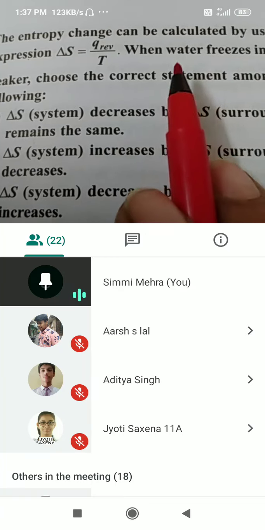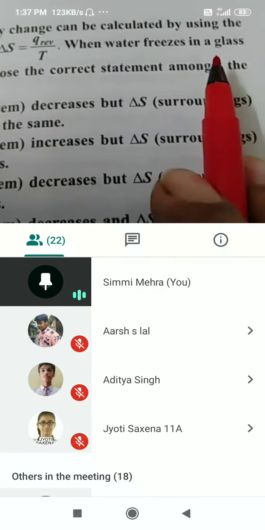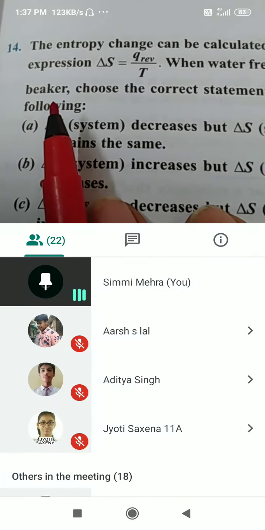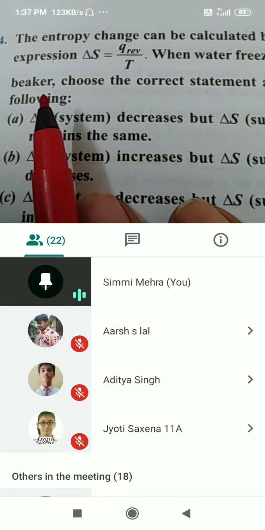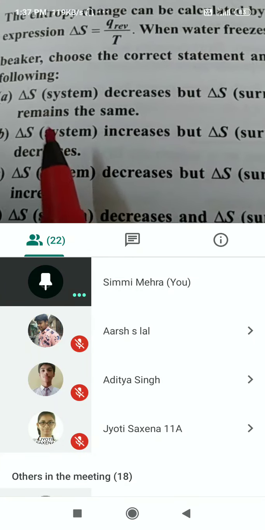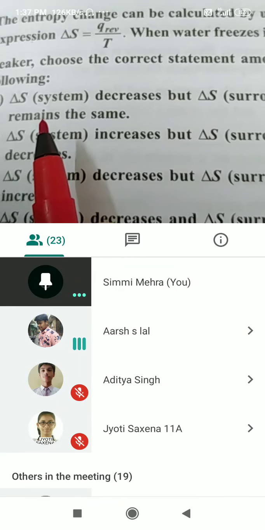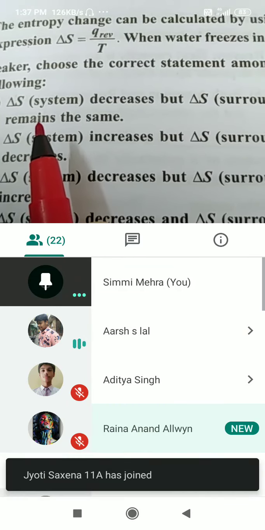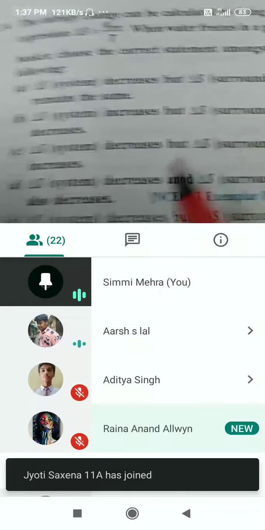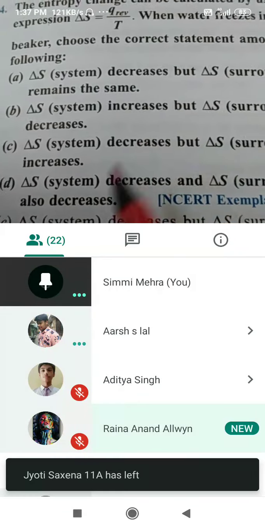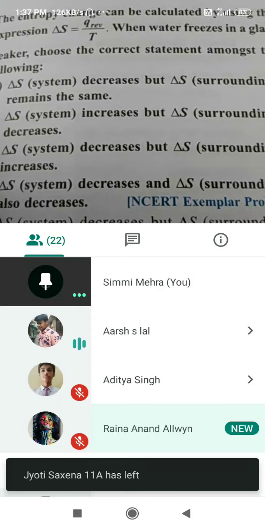See how the system is. It is freezing in a glass beaker. It's an open system. So there will be interaction between the system and the surrounding. Increase. So what is the choice here? Read all the choices.